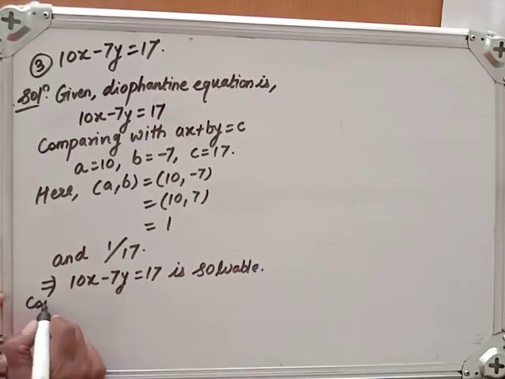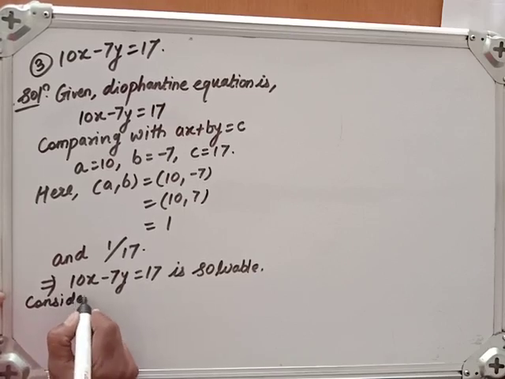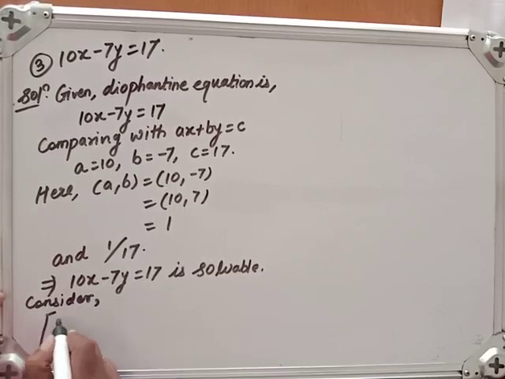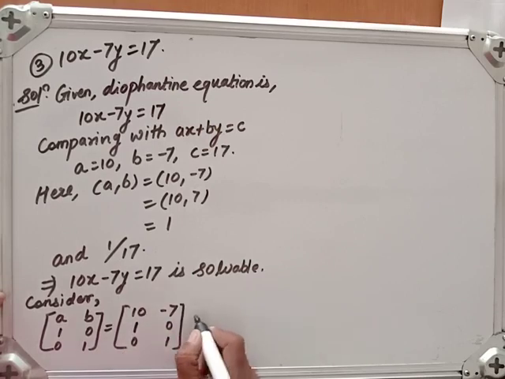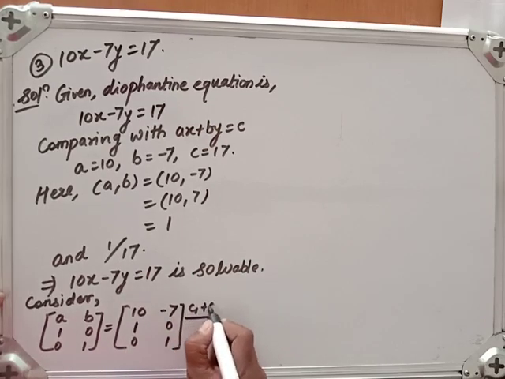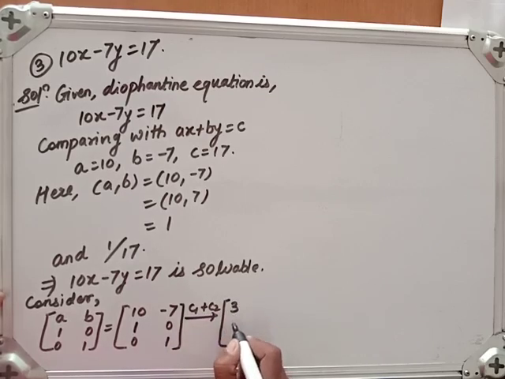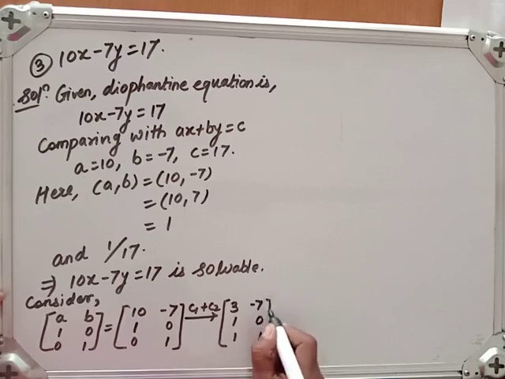Therefore consider the matrix [A B], that will be 10, -7, 1 0, 0 1. So C1 + C2 will give us 3, 1, 1, -7, 0 and 1.